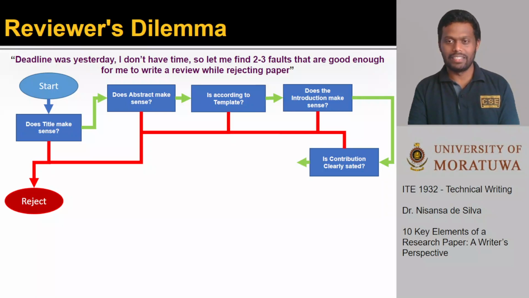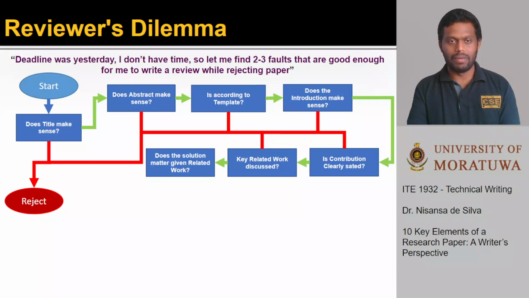If it is clearly stated, read carefully to see whether key related work is discussed. If not, reject. So sometimes your paper might be rejected just on the grounds that you are unfamiliar with the things that other people have done, things that already exist. If you are reinventing the wheel, you are going to get rejected.